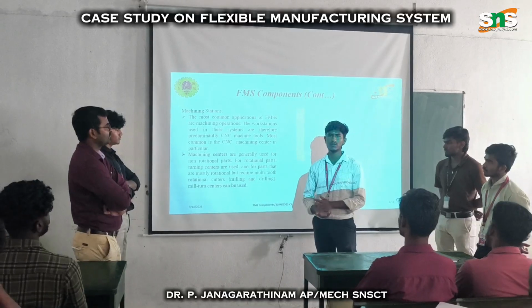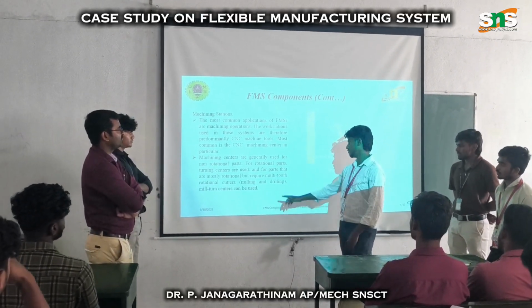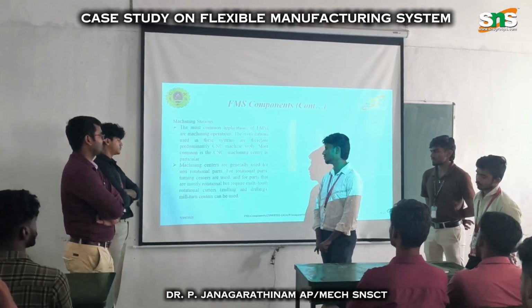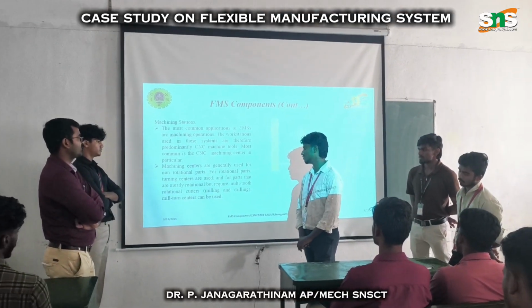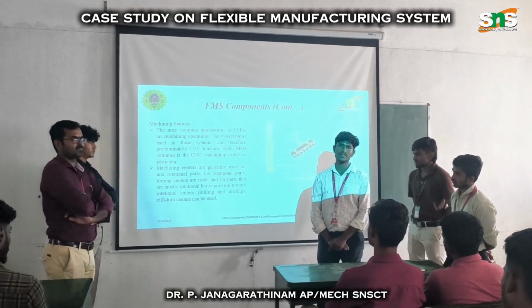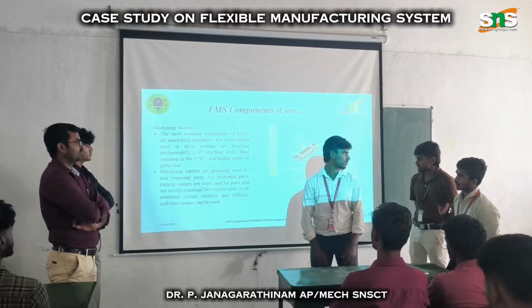We have a certain machine at the center point, and it requires multi-tool rotational cutters, milling and drilling, and turning centers can be used. Finally, the finished quality of the material in the FMS part.